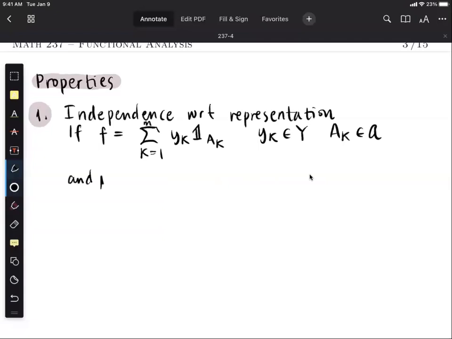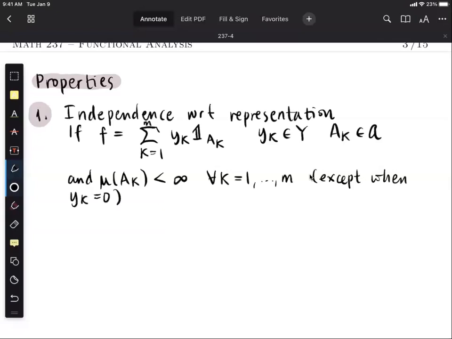And the pre-measure of the A sub k's are finite for all k, of course, except when your y sub k is 0, because if y sub k is 0, this will not contribute in the integral.